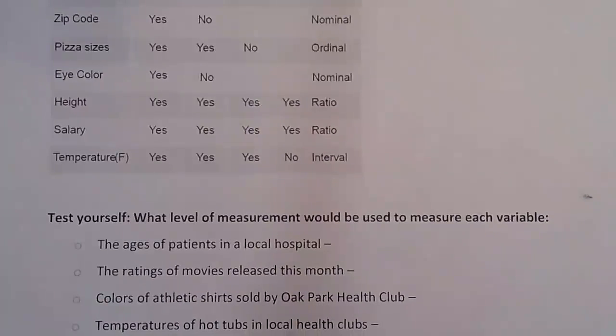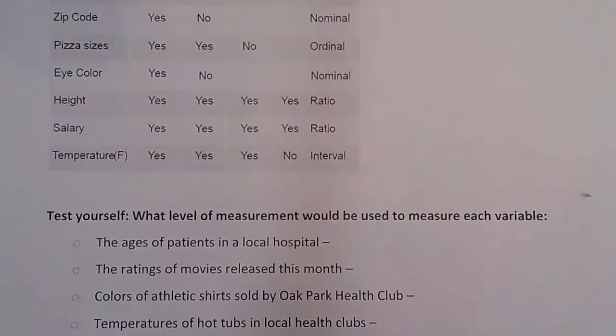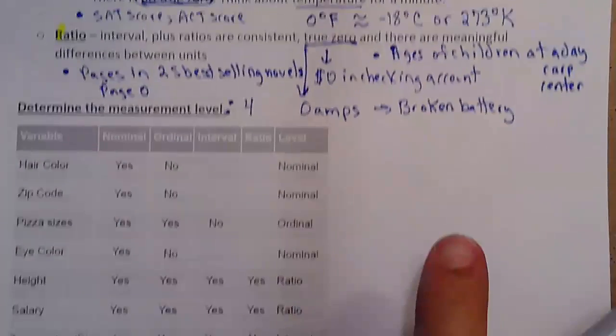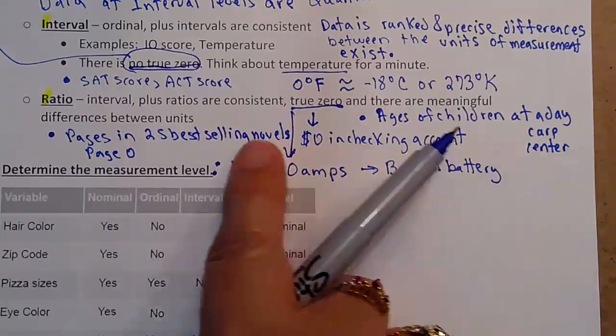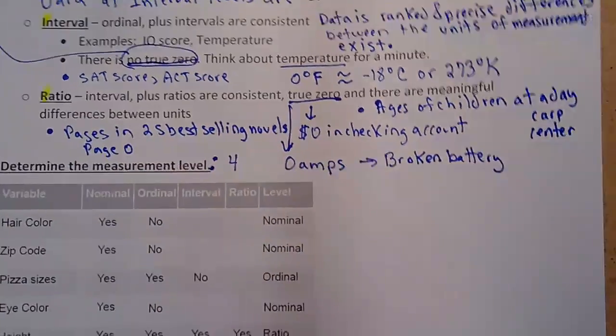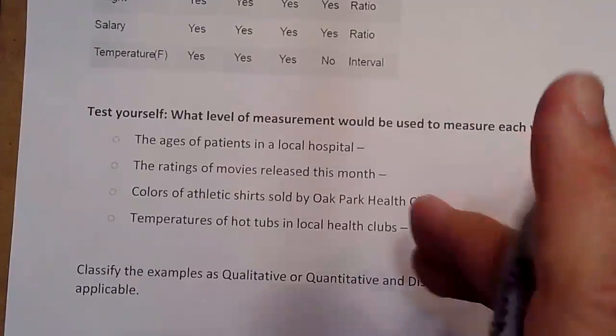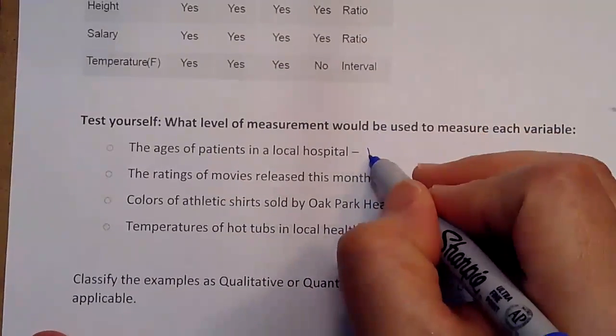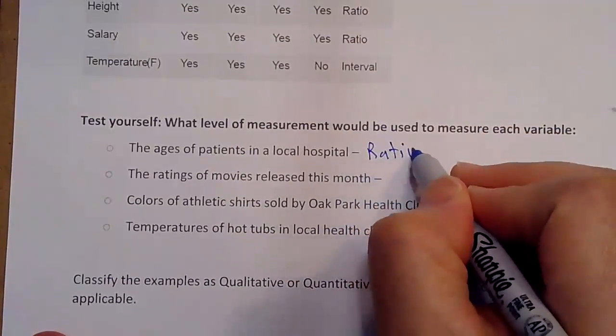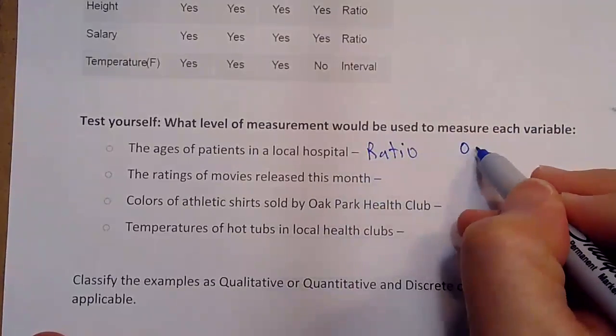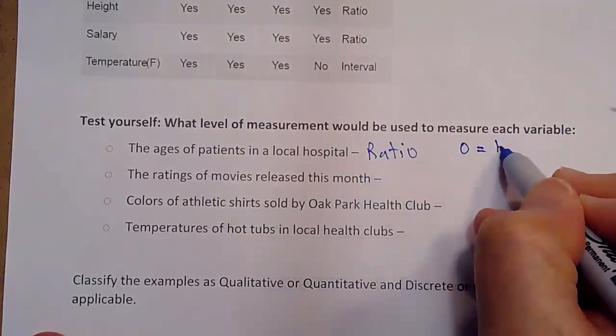So the ages, oh, okay. The ages of patients in a local hospital. Okay, so now I see why I put ages of children in a daycare center. See how I had just added that. Ages of children in a daycare center would be ratio, because in the example you have ages of patients in a local hospital, and that would be associated with ratio. Just an example is like 0.